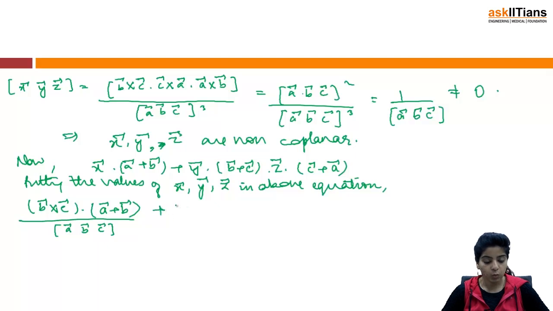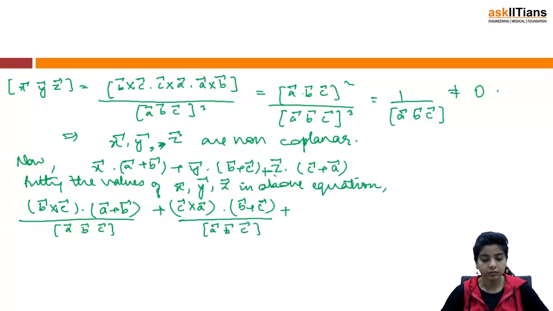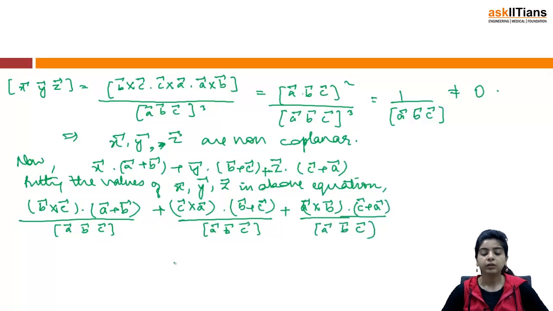Then plus Y was C cross A. Then we have dot product (B plus C) by [A, B, C]. Then plus Z was A cross B dot (C plus A) by [A, B, C]. Okay, so we need to compute this.